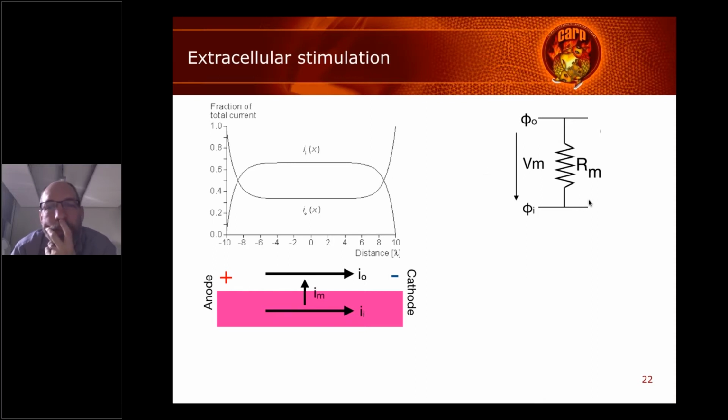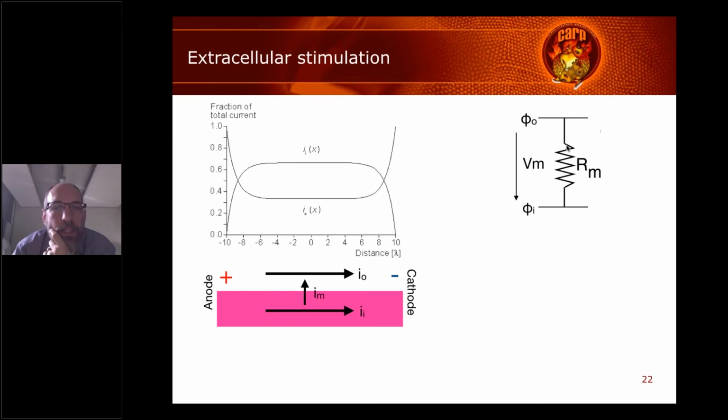If we remember that simple model I had of the membrane, now we just forget about the capacitor. We just have a membrane. Vm is phi i minus phi e. As we look under the anode, current will flow from outside to inside, meaning that the top of the resistor will be positive compared to the bottom of the resistor.